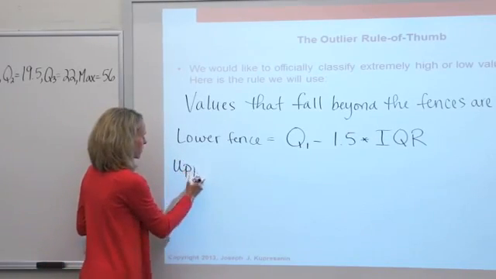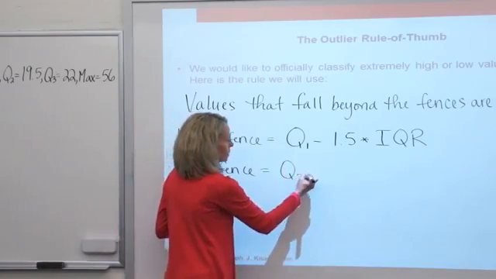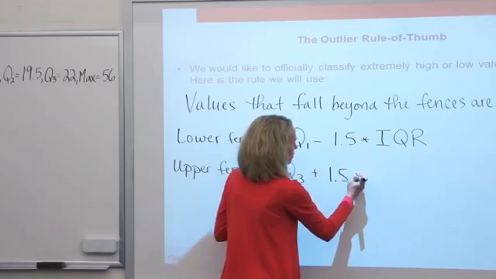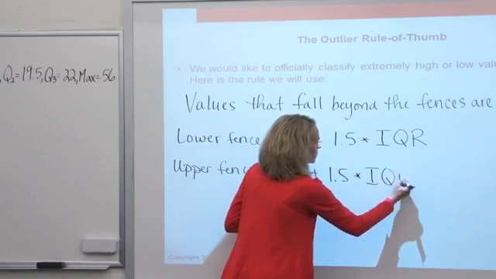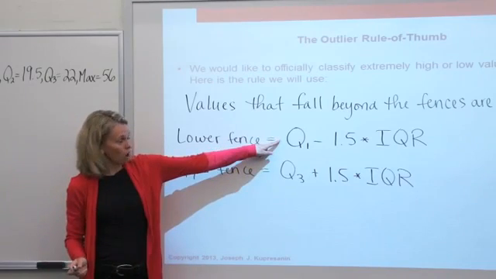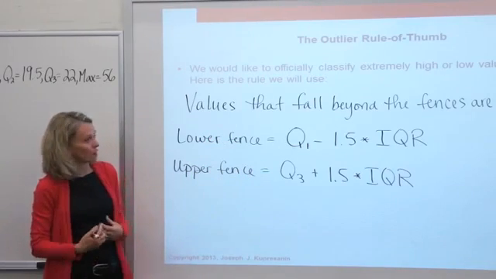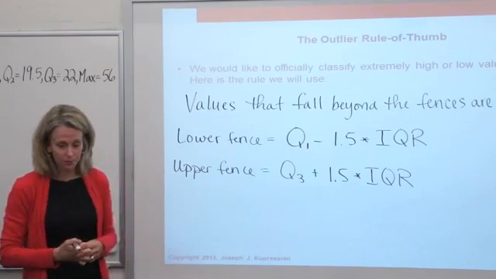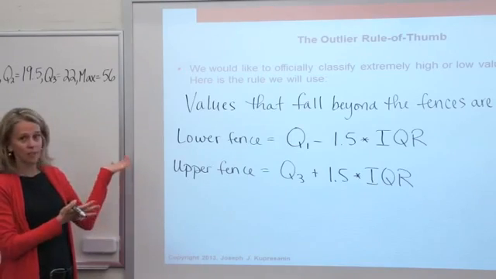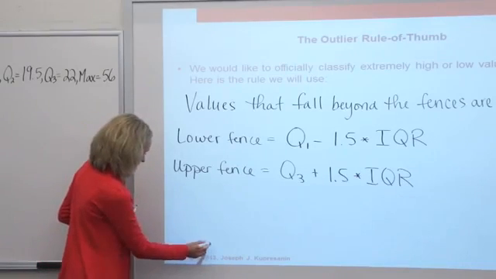For the upper fence, we start at Q3 and add 1.5 times the IQR. Any points in our data set that are smaller than the lower fence or larger than the upper fence are considered outlying values, outliers. So we're going to return to the data set with ages and see if we had any outliers in those data sets.